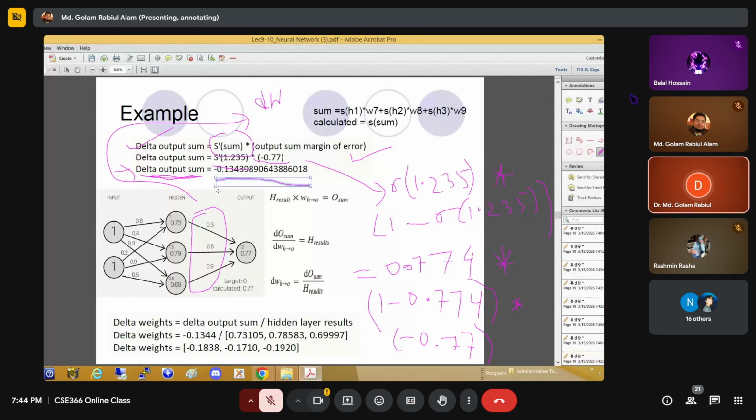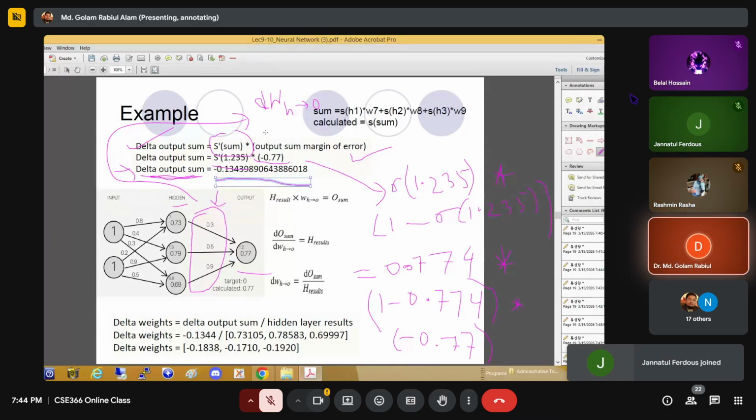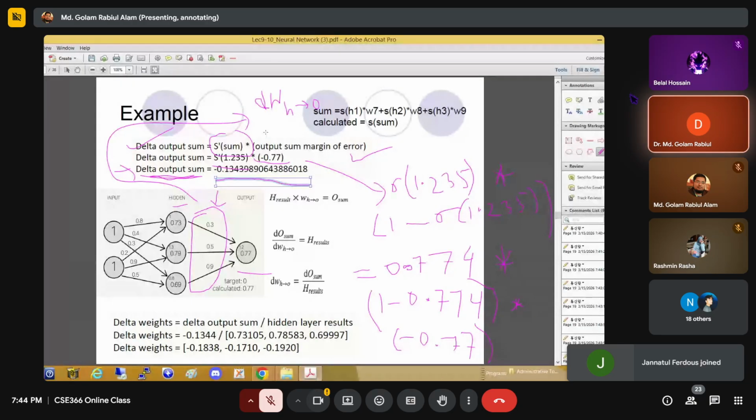In our case, these are the weights from the hidden layer to the output layer, which we can call H2O. So that means delta WHO, and we need to find that.